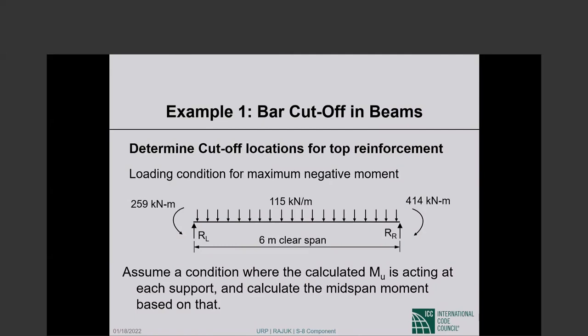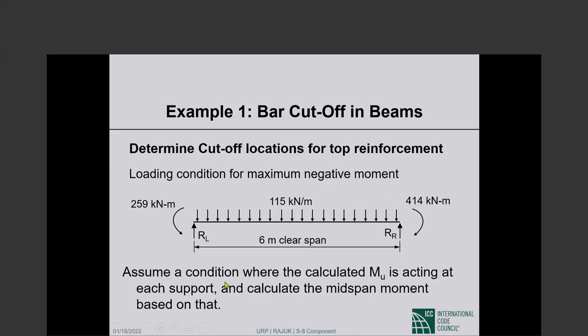Now loading condition, now the top reinforcement cutoff. Remember we have 4 number 32 at one support, 4 number 25 at the other support. So loading condition for maximum negative moment. We take the maximum negative moment from page 1.